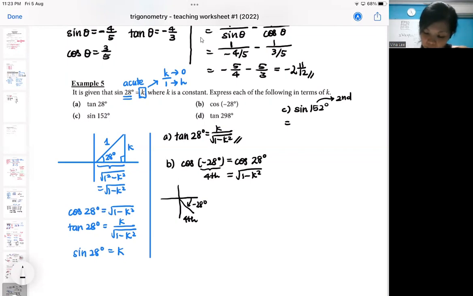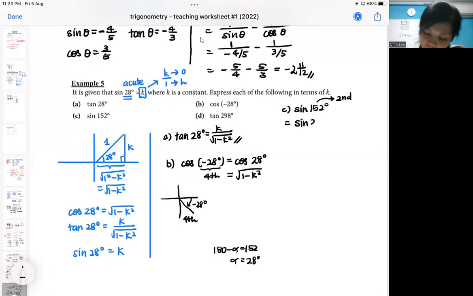So if that is a 2nd quadrant, how do I find the alpha? So I can use a formula. My alpha is 28. So sine in the 2nd quadrant is positive, and the basic angle is 28.